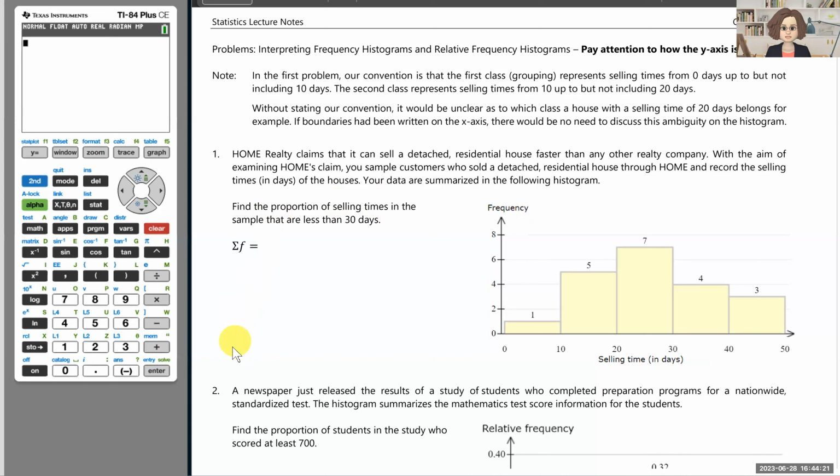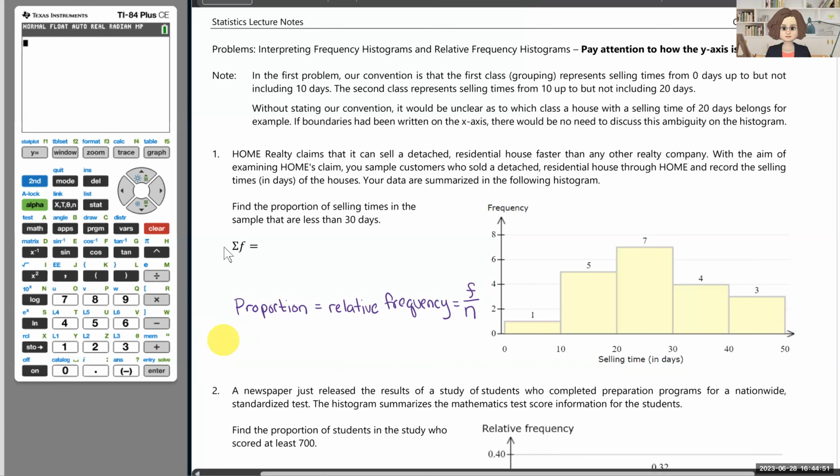So let me make a note down here that proportions can also be referred to as relative frequency versus frequency. And relative frequency is the frequency divided by the number of data values in the data set.